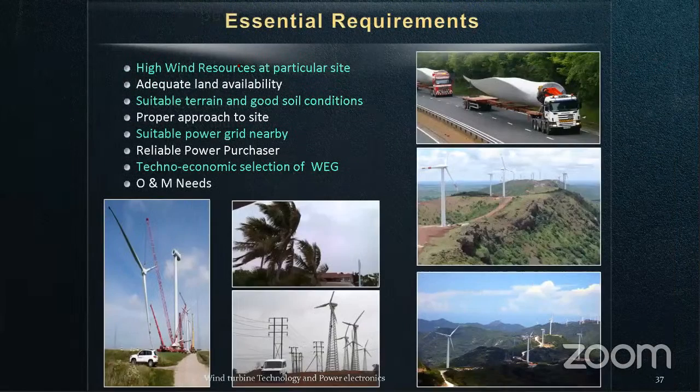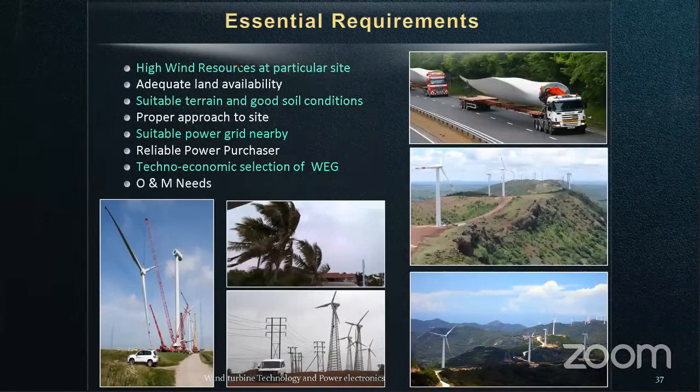So what are the essential requirements for development of a wind farm? First, you need the logistics. It means the road, a proper approach road has to be there. That's called the logistics. Then proper wind resource, and the transmission line, because after generation of power from the wind turbine, we have to evacuate it to the grid.